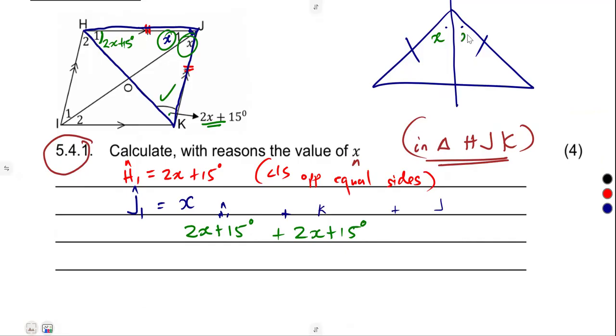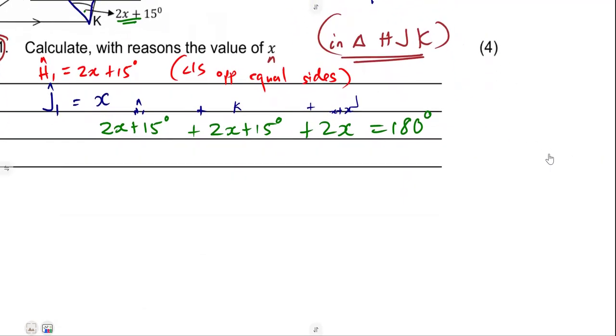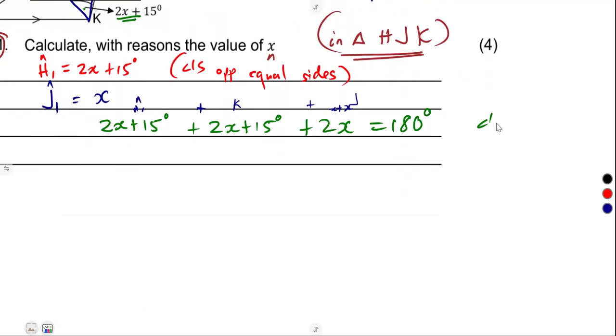There's x here, there's x. So x plus x is going to be 2x. We must obtain 180 degrees, angles in a triangle. That's it. So thus we have formed an equation.